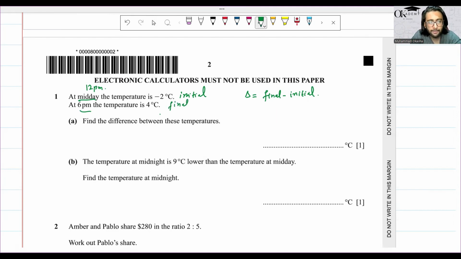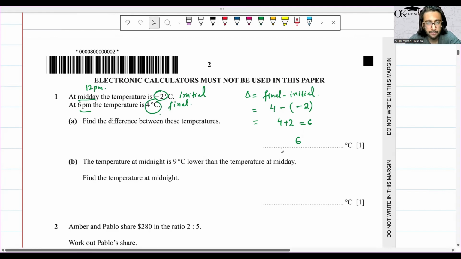So final minus initial: 4 degrees, minus, and then the initial already has a minus sign. Make sure to put two negative signs. The negative of a negative is positive, so 4 plus 2, and the answer is 6 degrees. So 6 degrees is the difference between the two.